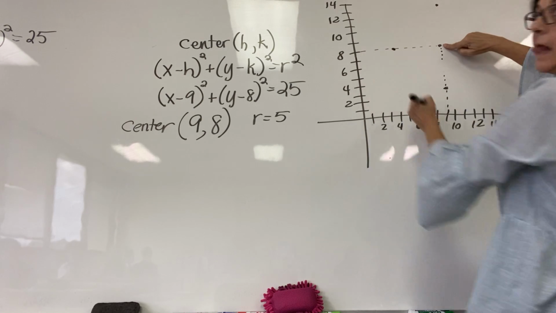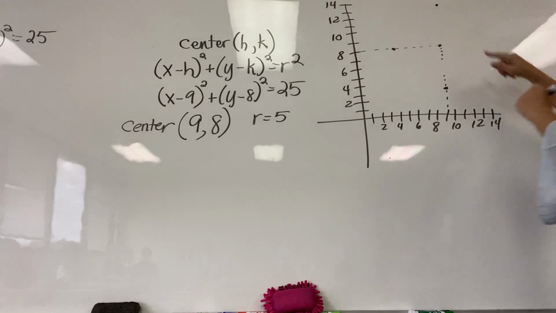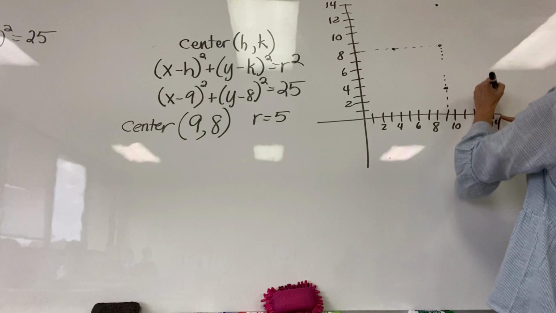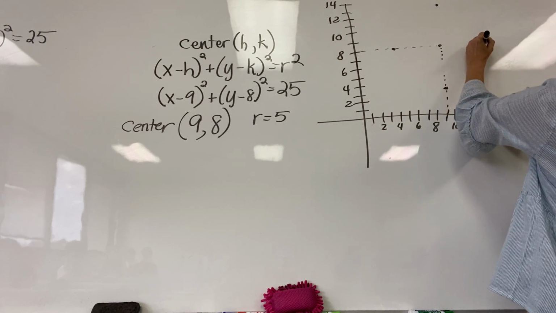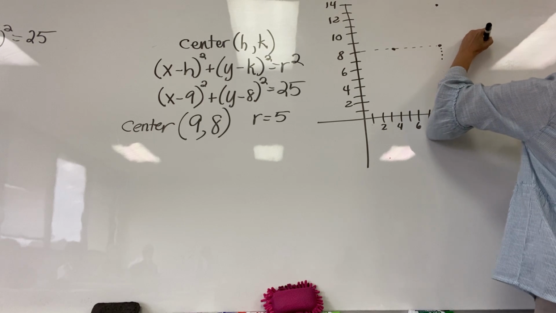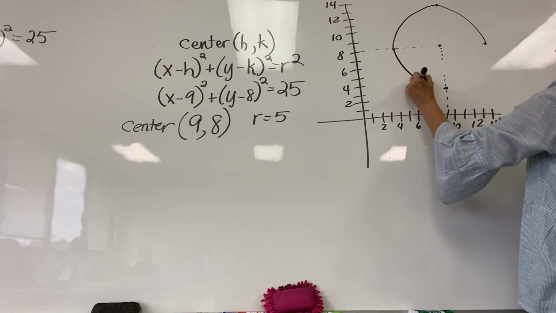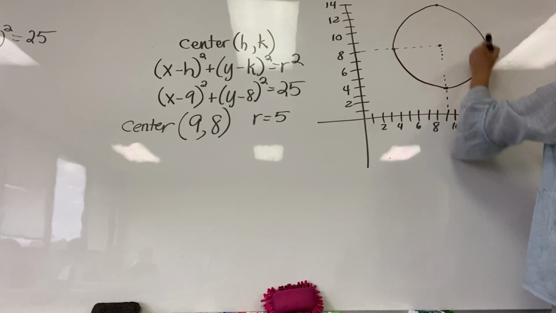You see what I'm doing? I'm just doing a radius up, down, left, and right. Following me? All right, so then we'll go 1, 2, 3, 4, 5. So that's about here. All right, so our circle graph looks like that.